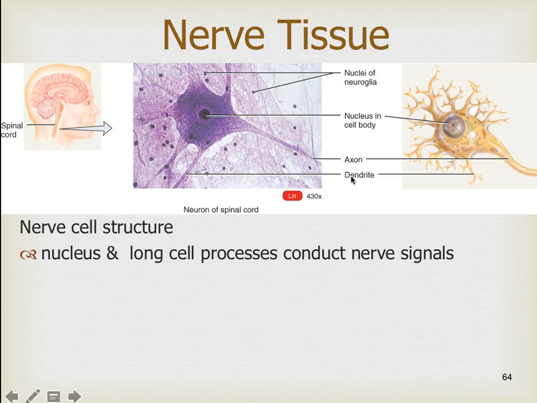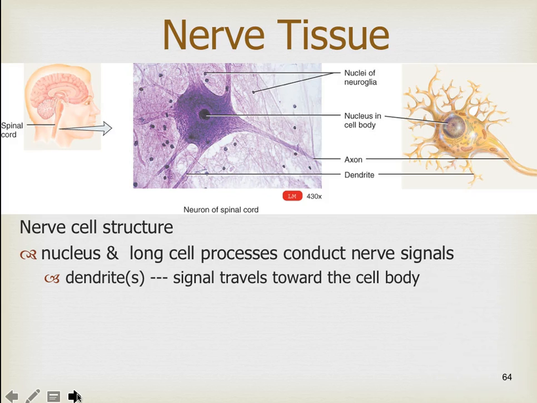And then the projection that is sending information to some other structure, which can be a nerve or a muscle or gland, it can be anything, that process that's sending information is called an axon. So incoming information is dendrite, outgoing information is axon. Dendrite signal is traveling toward the cell body, axon is traveling away from it.